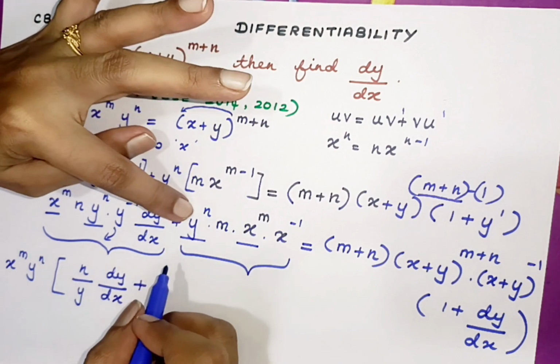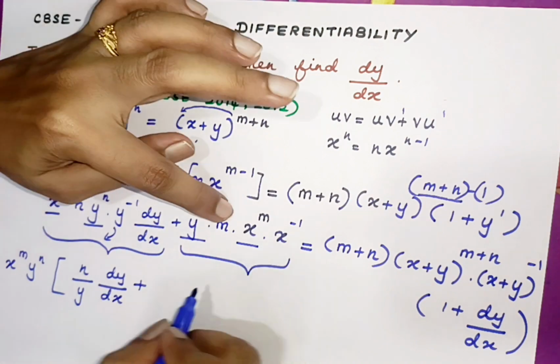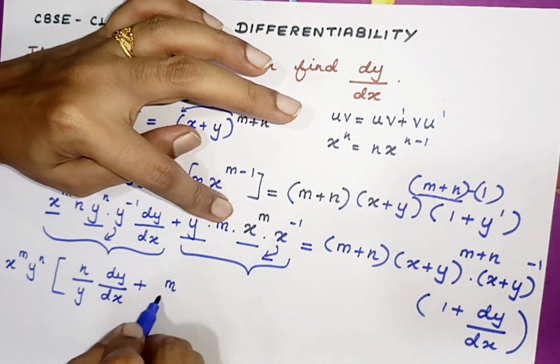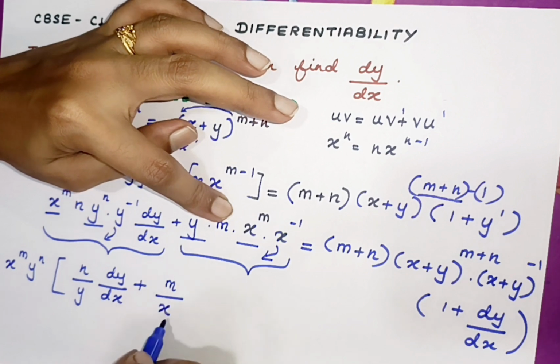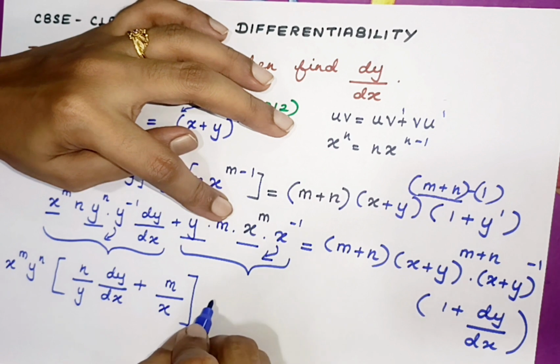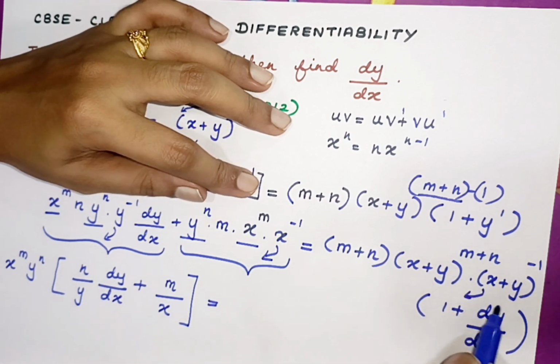Plus, I have taken this y power n and x power m outside of the term. Then we will get m. While I am taking this x inverse to the denominator, we will get x in the denominator. Is that clear, students? That is equal to, okay, I am taking this term to the denominator.